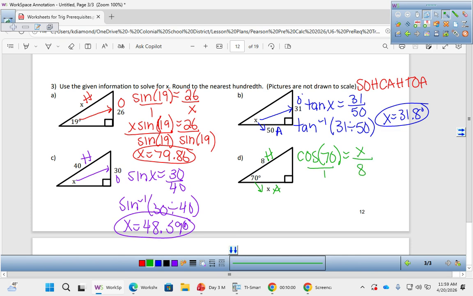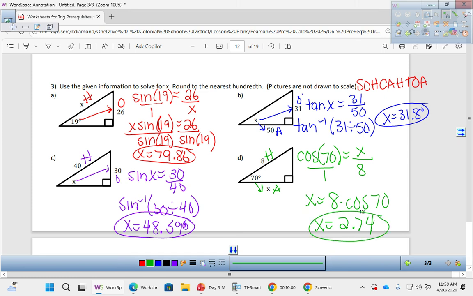I could create a proportion here, and when I cross multiply, I get x equals 8 times the cosine of 70. So all I have to do is type that into my calculator, 8 cosine of 70, and I get my side length, 2.74 if you round. Right, all of this is SOHCAHTOA. We use these when we have right triangles, but not special right triangles.